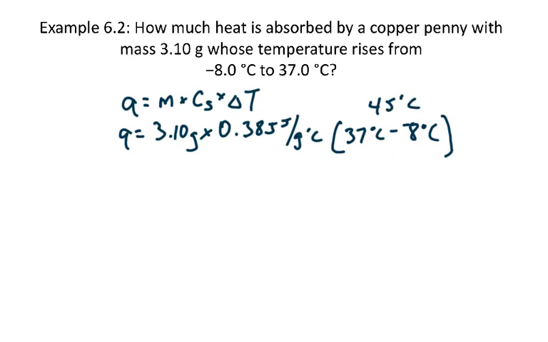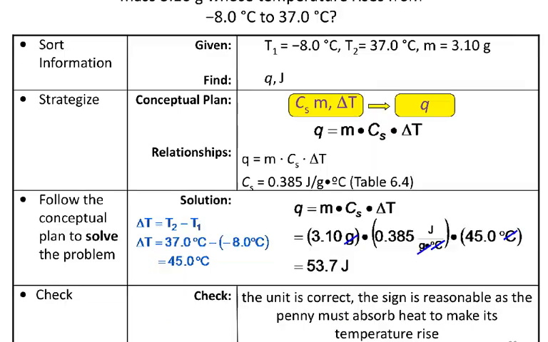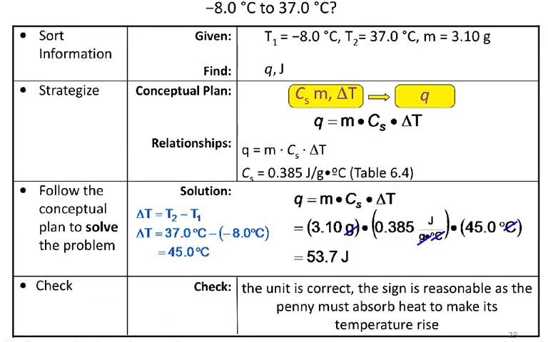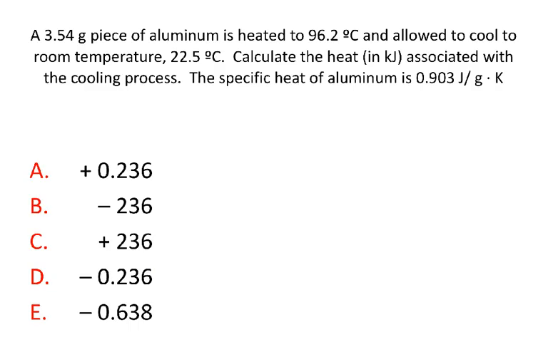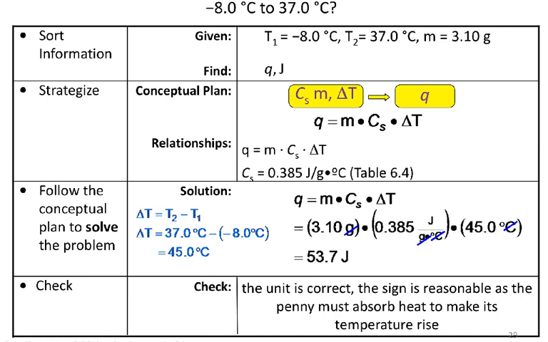Then we can multiply all of that out, and we get a Q value of 53.7 joules. The other thing to check is the sign. It is a positive 53.7 because the penny is absorbing the heat from the surroundings.